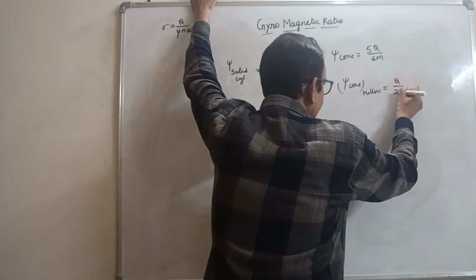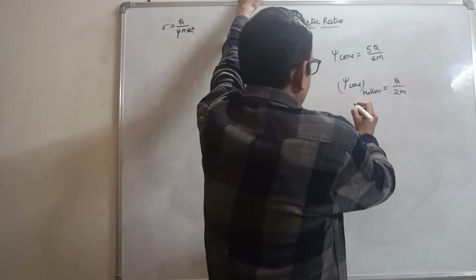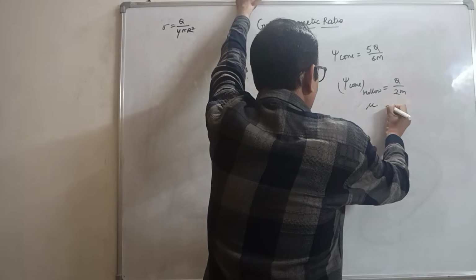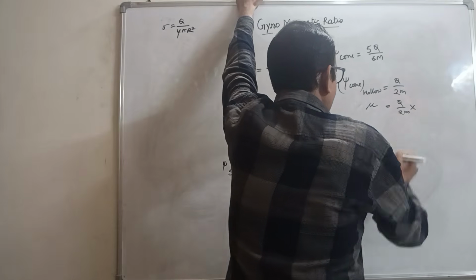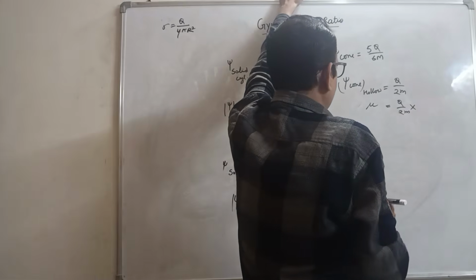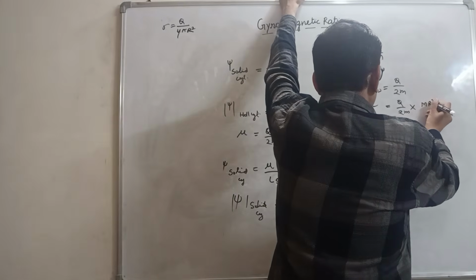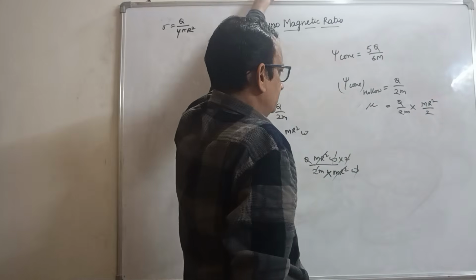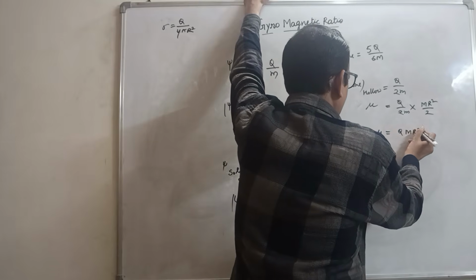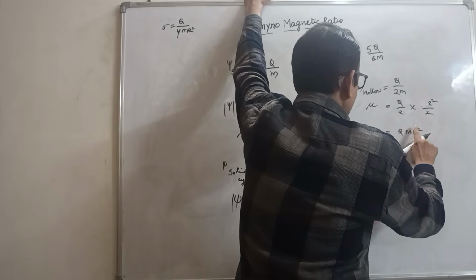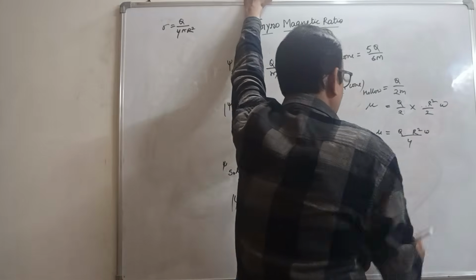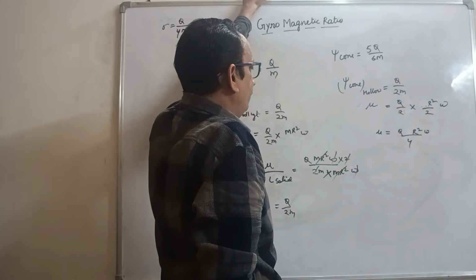The gyromagnetic ratio is q by 2m, and this would be mu by L, where L is the angular momentum of the hollow one. So for the hollow cone, m r square by 2, this becomes q m r square, m cancels with m, and we get q r square into omega by 4.